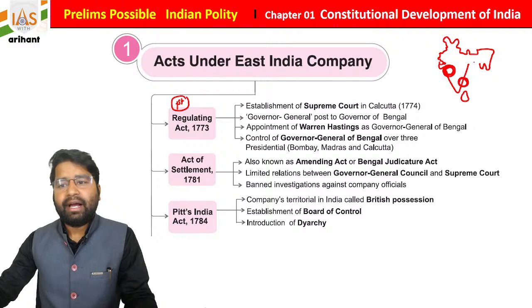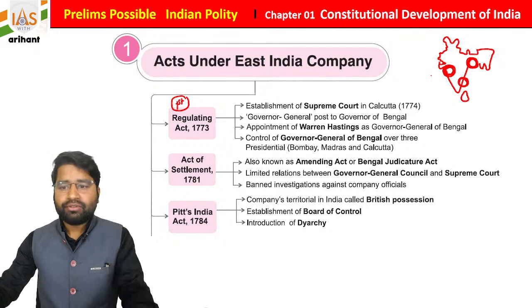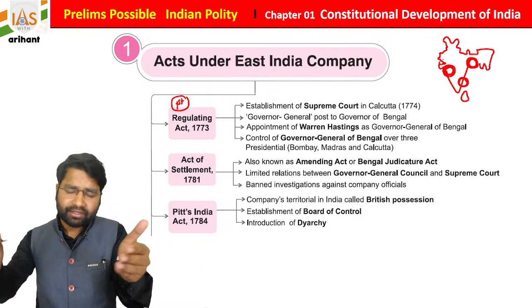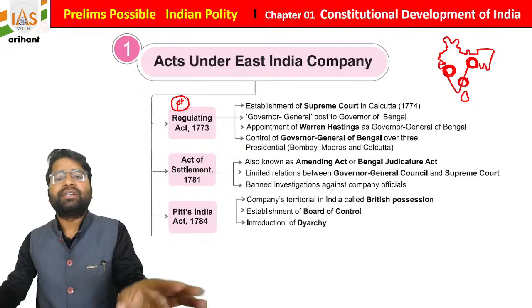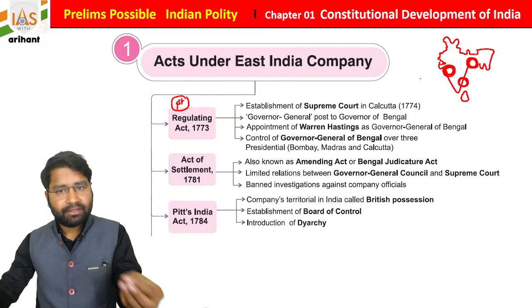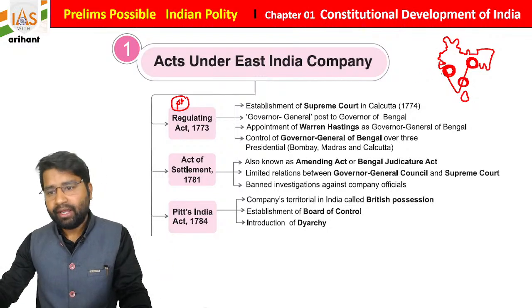And in the Bengal region, Job Charnock was here, who also established a fort, and we are going to discuss these things also. So initially, these were the British territories, the areas where they were doing trade. There were three important presidencies created by the British, each with a head called a governor.